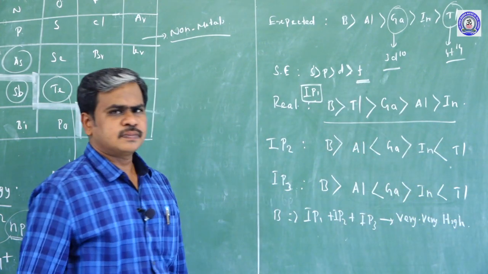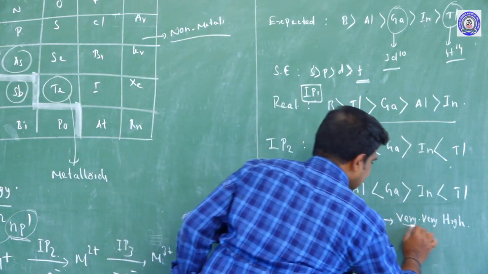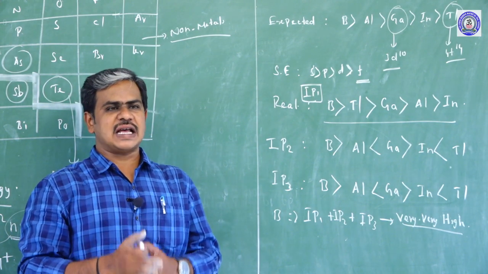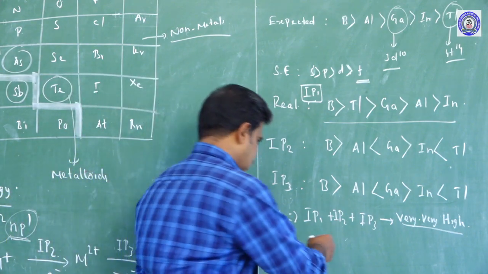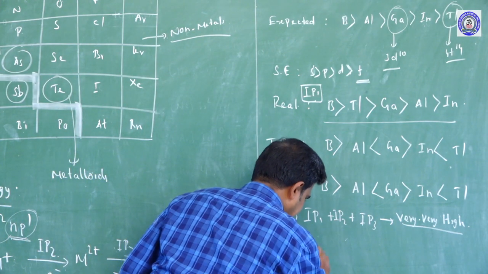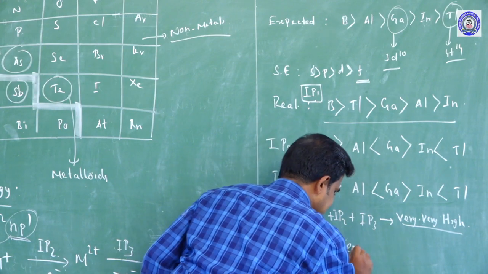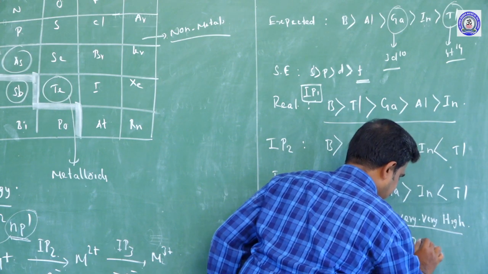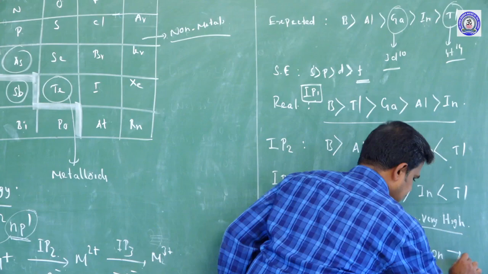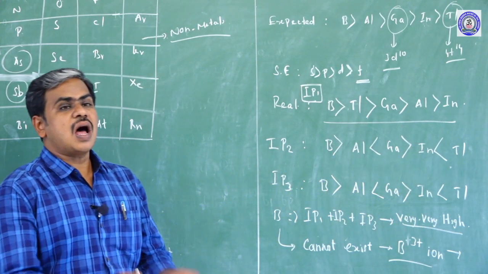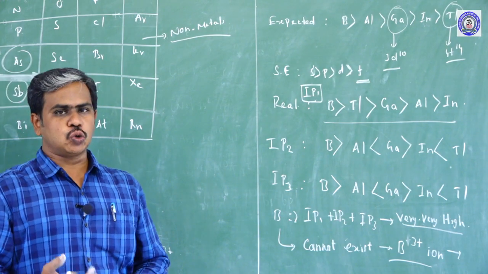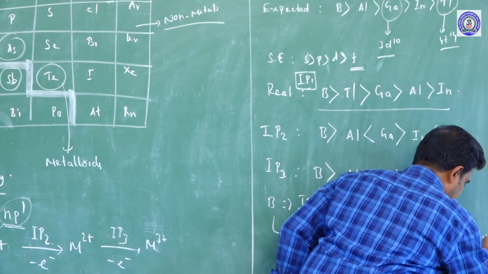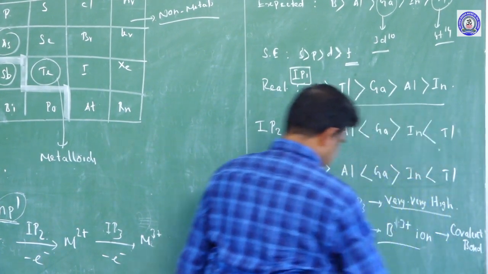So due to the very high ionization potential, boron cannot exist as the B3+ ion. Since the B3+ ion is not formed, it is forced to form covalent bonds. Why is the boron 3+ ion not formed?